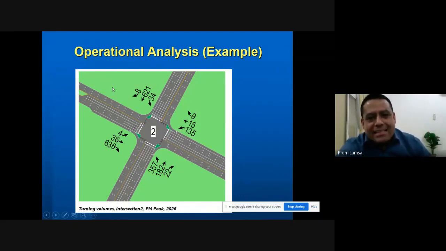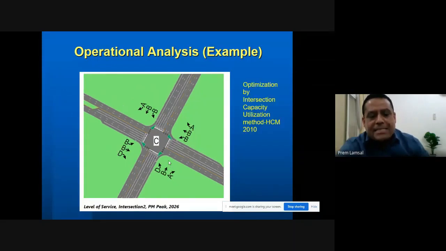When I added this in Synchro, there is an option to decide how many left turning lanes are required here, what the control type should be, whether we really need a channelized intersection, whether we need to allow this U-turn here, and what the functional requirement is. Based on that, we can change all these parameters in Synchro, and we can check the level of service of each lane as well as the intersection.